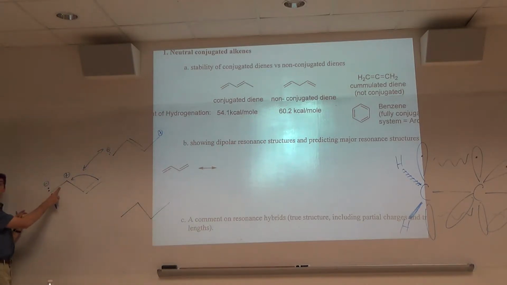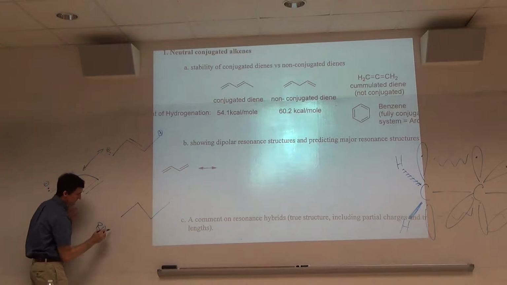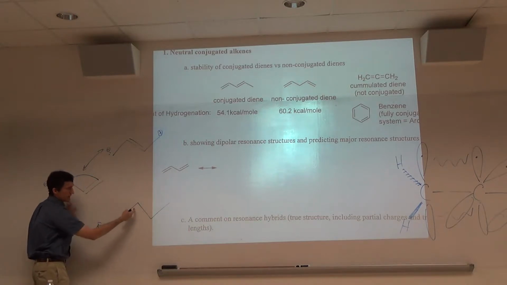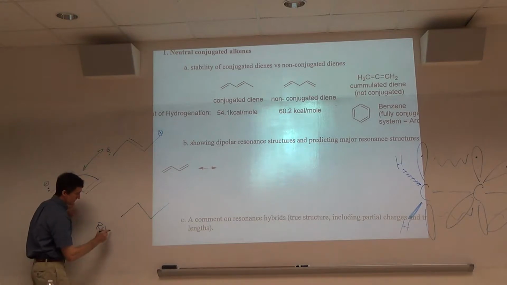It's not a full double bond there. Thus it has some single bond character. And so the bond order, is it 2 or less than 2? Yeah. It's less than 2.